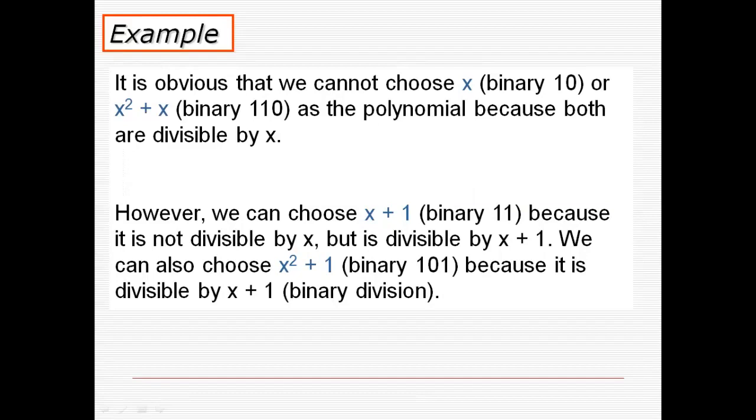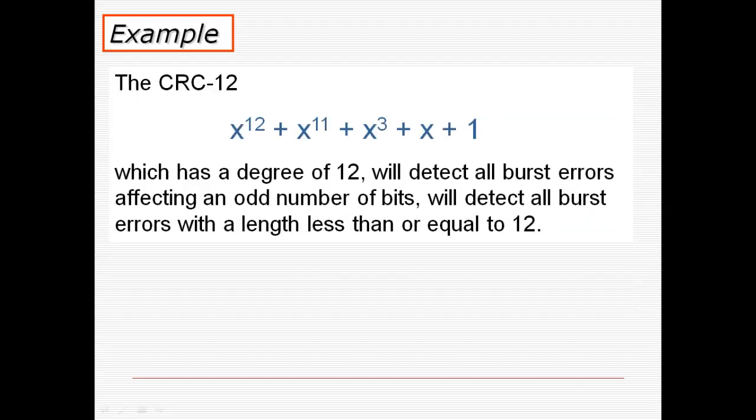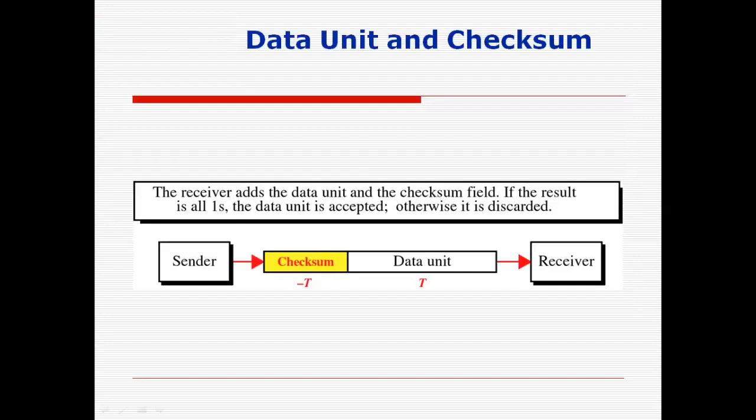So we put 0 there as a polynomial because both are divisible by x. Our requirement is that the given polynomial should not be divisible by x. So this is one rule that must be applied before selection of CRC. Again, this is CRC 12. You can check whether it is divisible by x or not.